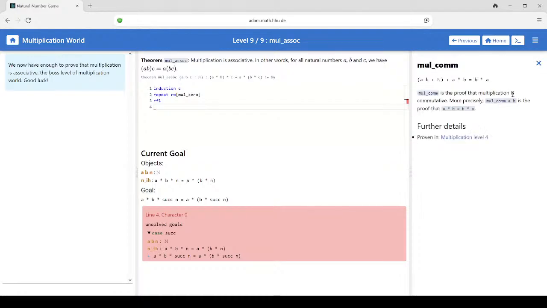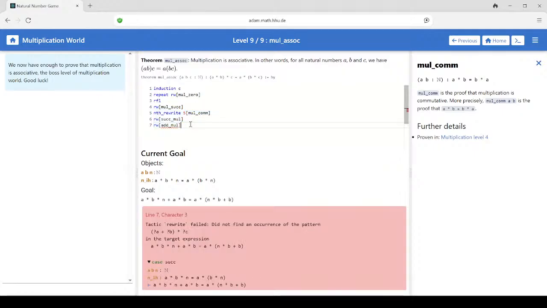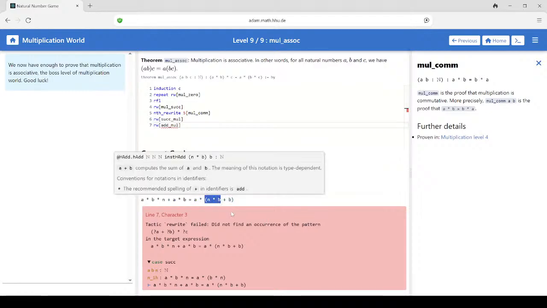That's not what I'm looking for. Wait, let me... Can I rewrite?